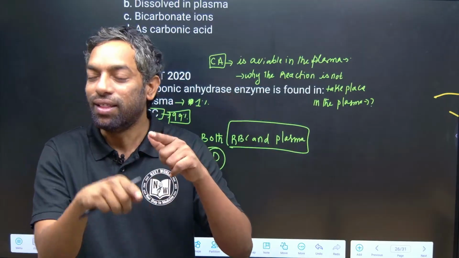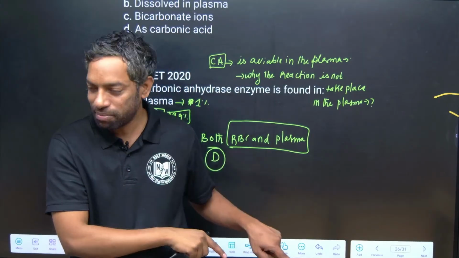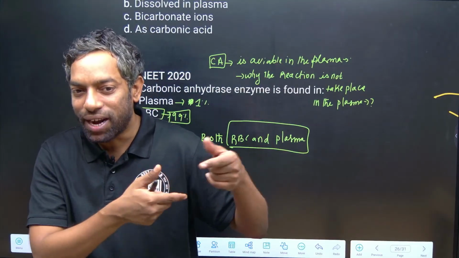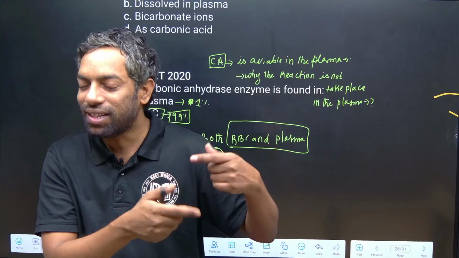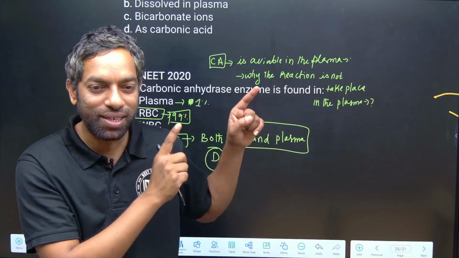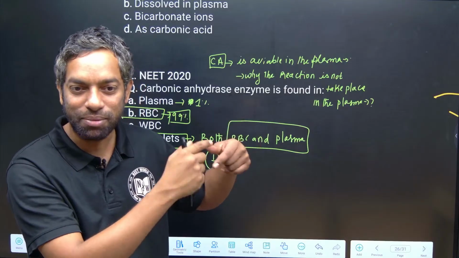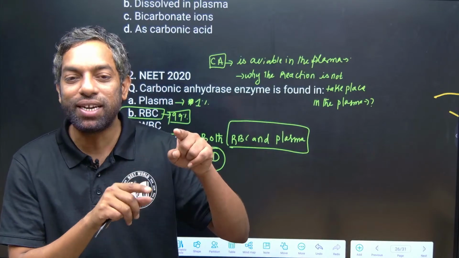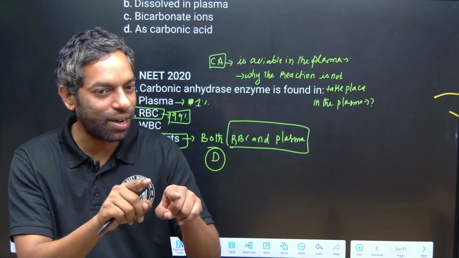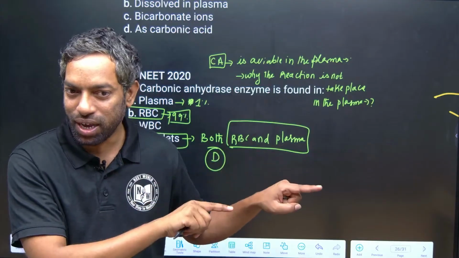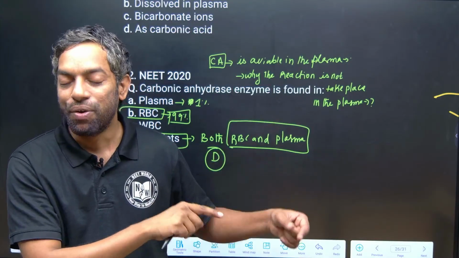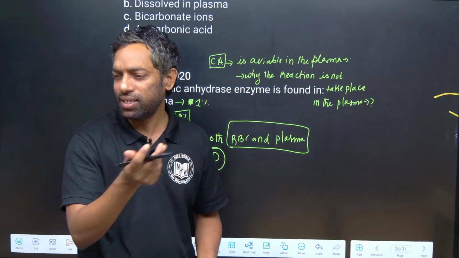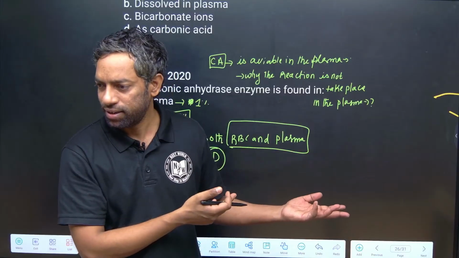The enzyme is available in the plasma also, but the plasma carries the bicarbonate, and the plasma also carries dissolved carbon dioxide, 7% dissolved carbon dioxide. There is the enzyme carbonic anhydrase in the plasma, so why is the reaction not taking place in the plasma? This is the question for you tomorrow. This can be made into a question in the coming NEET.